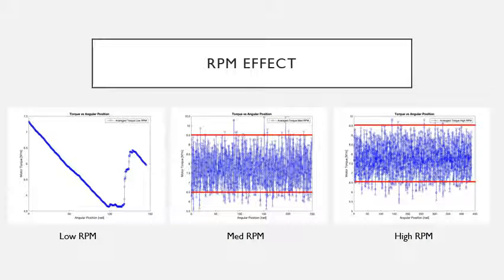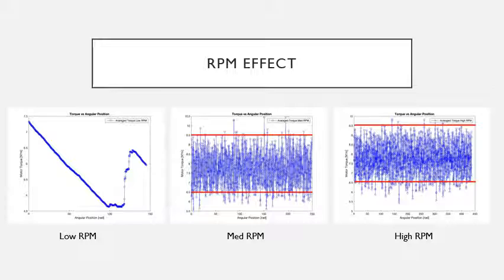The effect of changing RPM for the engine can be observed by plotting the torque versus angular position data collected during the experimentation process. Low RPM has a big difference to the medium and high RPMs. Noise in the measurements seems to increase as the RPM is increased.